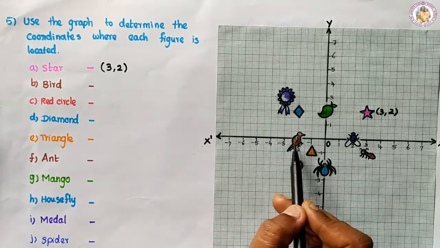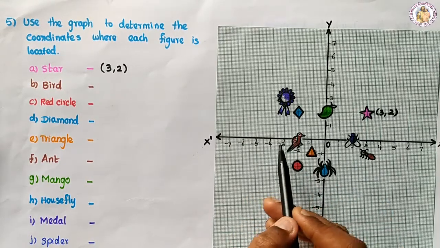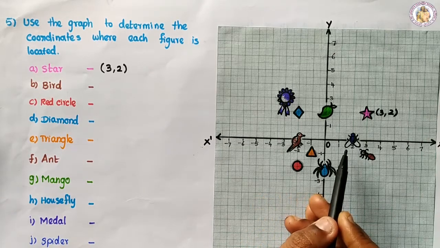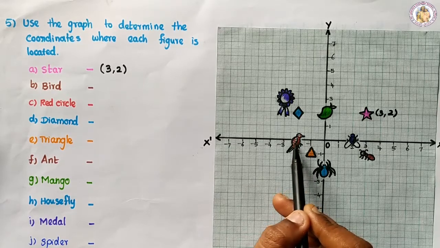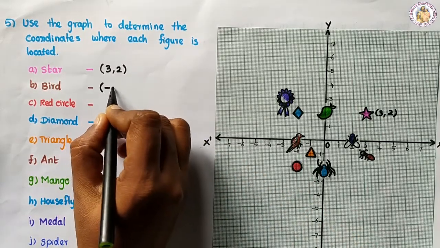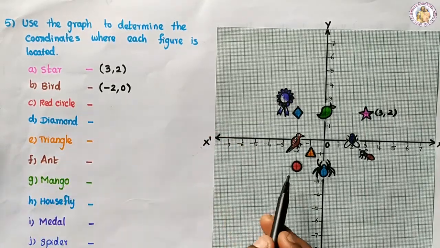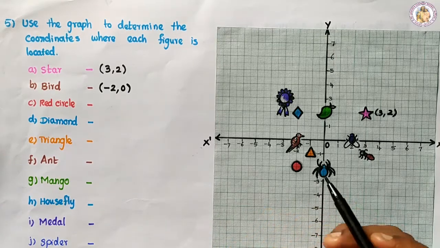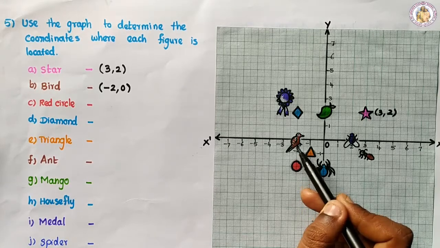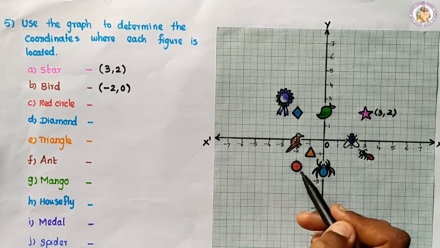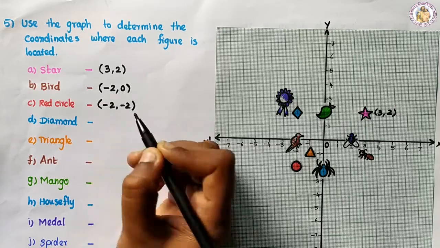Bird is here. It lies on the x-axis. So y-axis is 0. What is x-axis here? Minus 1, minus 2. So x-axis is minus 2, y-axis is 0. Red circle. Here it is located, x-axis is minus 2, y-axis is minus 2. So minus 2 comma minus 2.